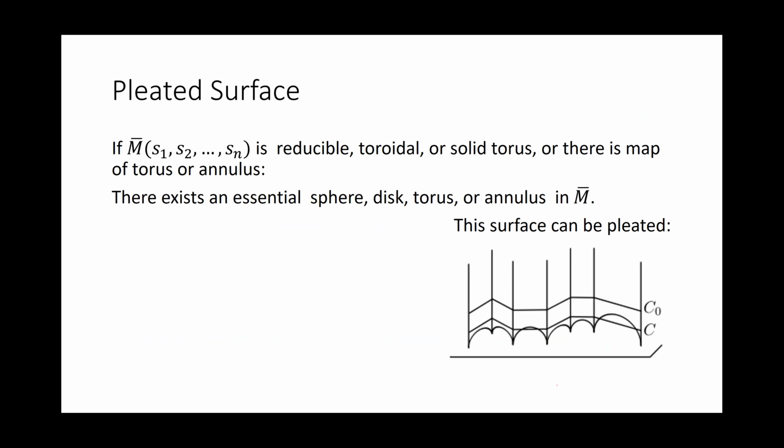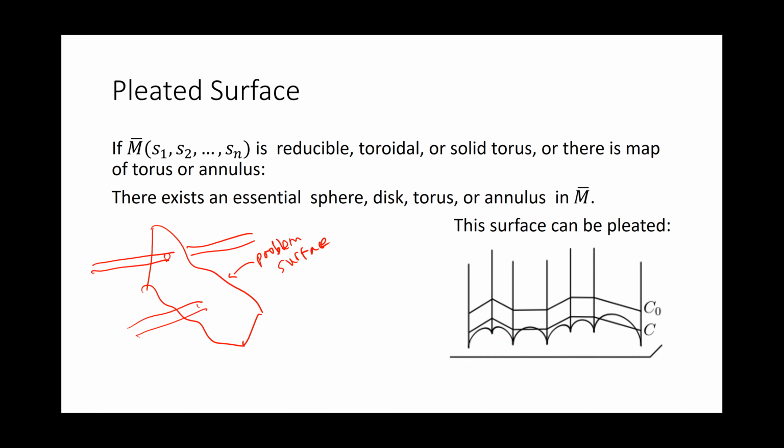And then quickly, the way that the proof goes is if you have this problematic surface sitting inside your topological Dehn filling, then let's pretend it looks something like this. This is your problem surface. It's going to be intersecting these Dehn filling solid tori. It has to intersect them because it doesn't exist in the unfilled manifold. The unfilled manifold is hyperbolic, okay?